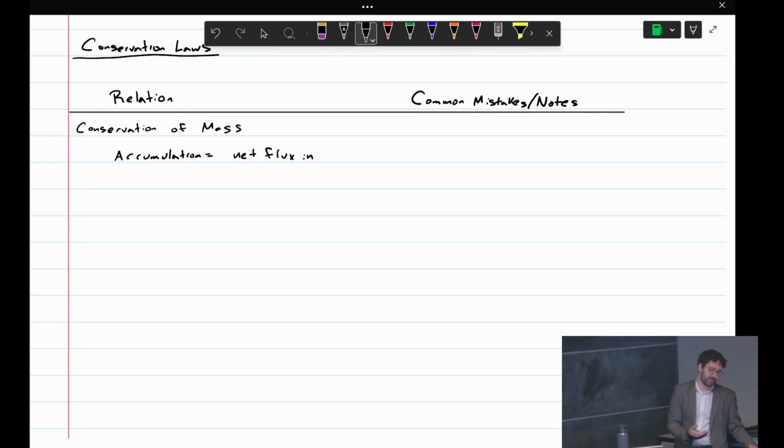It makes a lot of sense. If the net flux is positive, we expect our control volume to be accumulating mass. If the net flux is negative, then we expect our control volume to be losing mass. If the net flux is 0, then the accumulation is 0, so the control volume's mass doesn't change.